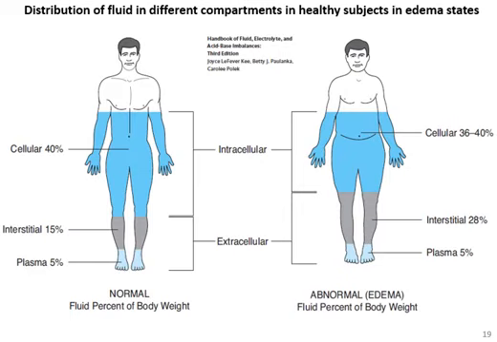The other option for edema formation is overfilling. In the overfilling process, the primary event is fluid retention. This happens in nephritic syndrome.